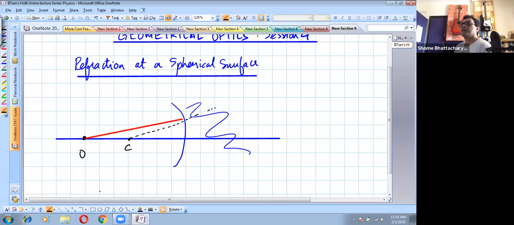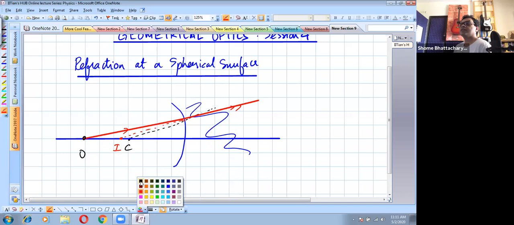Typically the bending of light is either towards the normal if it is going into a denser medium, or away from the normal if it's going into a rarer medium. Here it will bend towards the normal. In this case the refracted ray actually bends further away, so it has to be produced back. It will give you some kind of virtual image over here.